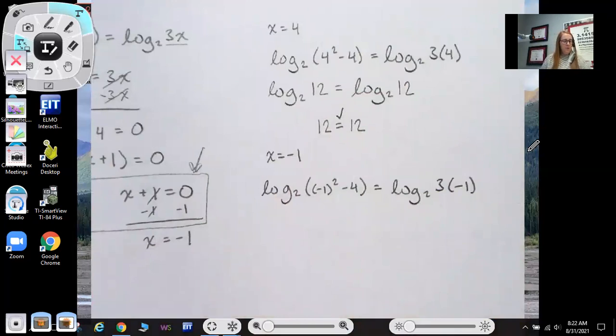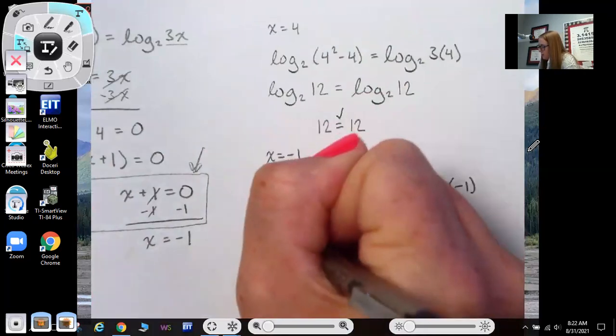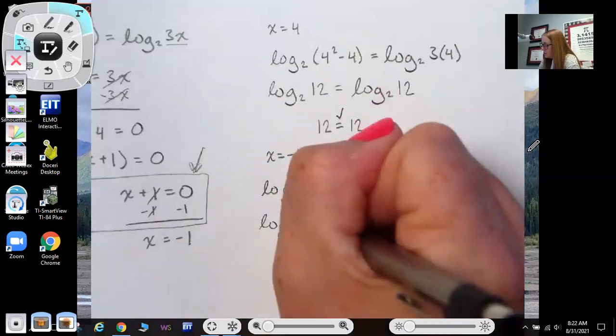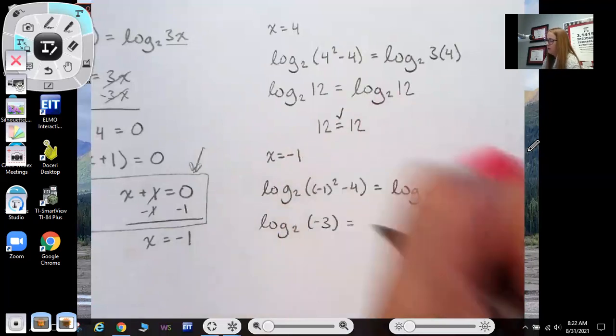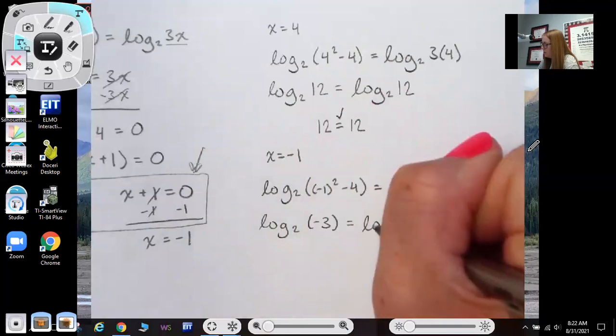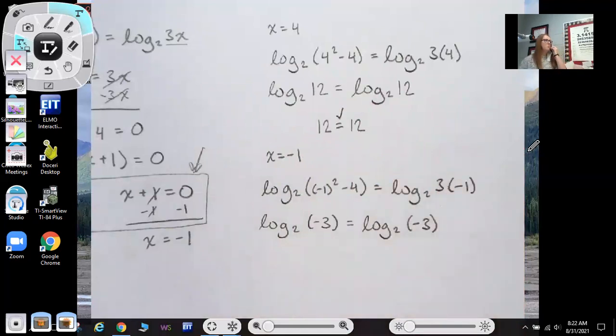Okay, if we do this simple math, we still have log base 2, but then we have (-1) squared, which is +1, minus 4 gives us -3. And we have log base 2 of 3 times -1, which is -3. Okay. Don't write anything else after that for now. There is a problem I'm about to tell you about.